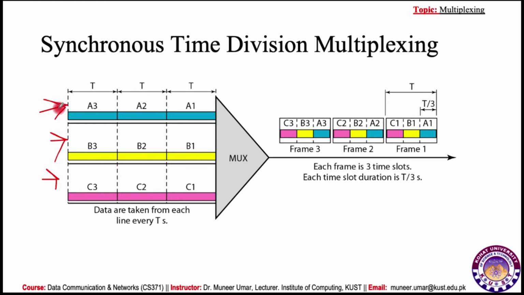So if you look into this, one is coming from A. A is given some time slots, A1, A2, and A3. Similarly for B, we have B1, B2, and B3. Now if we look into the frames, in each frame A is given some time, then B is given some time, similarly C. So this one is a complete time slot duration for 3 users.